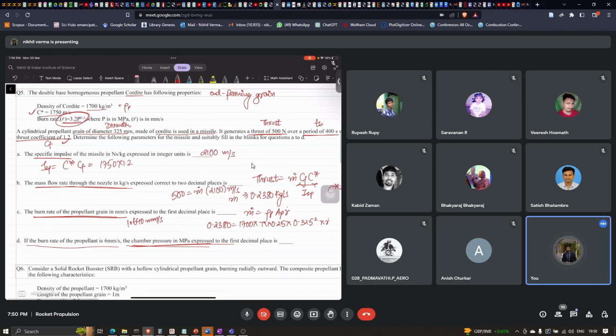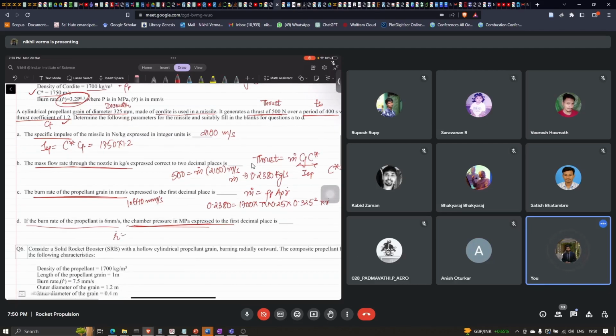It is straightforward, no? This r dot is 3.2, P is 0.3. r dot is given as 6 mm, which is 3.2, pressure 0.3. So directly you can calculate pressure, which is 8.128 megapascals. Okay.